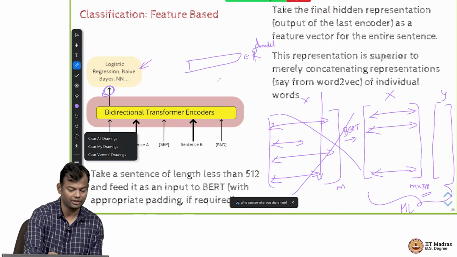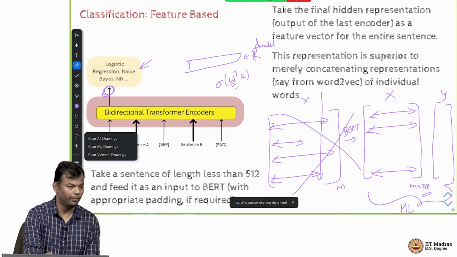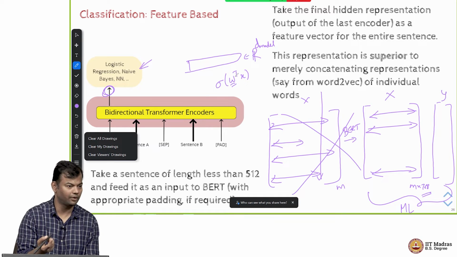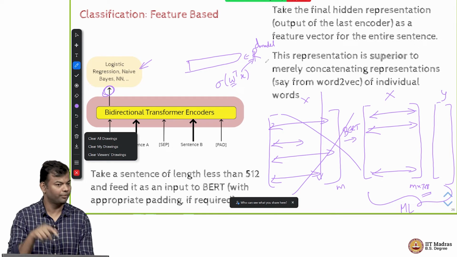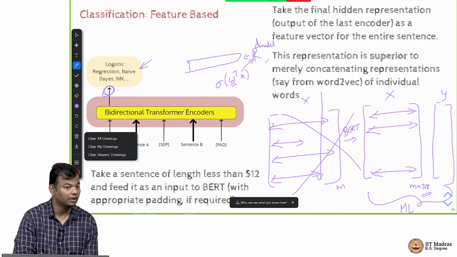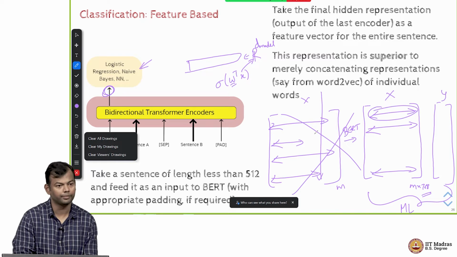So what does the logistic regression do? It will have sigmoid of W transpose X. So you will have this weight W, and you will just learn those weights using the standard gradient descent algorithm, and X here belongs to R^d_model. This is the X that you have computed here.